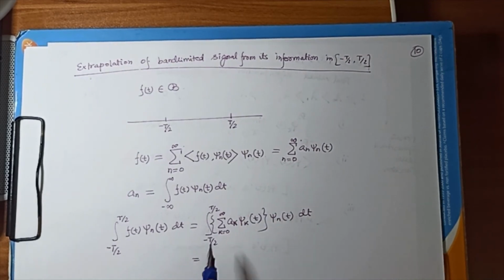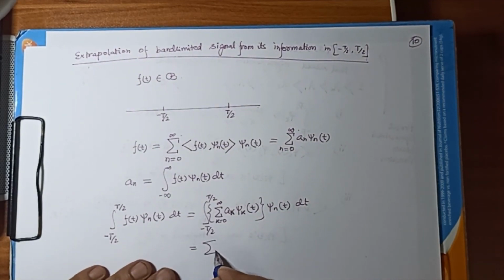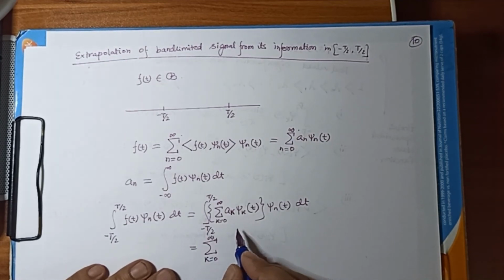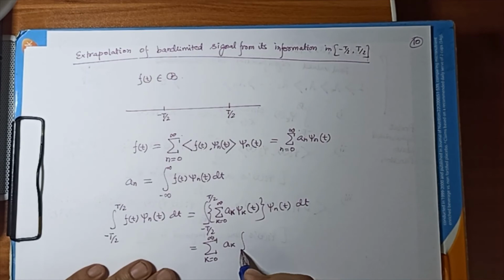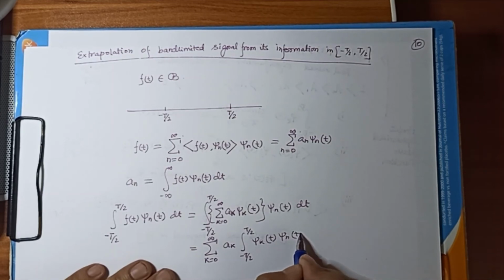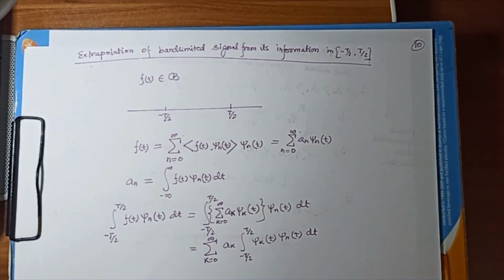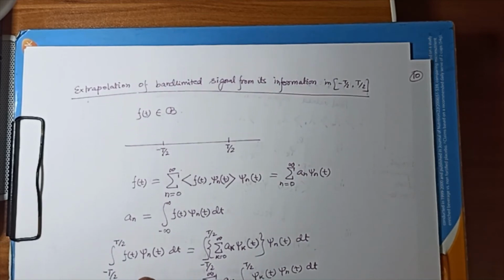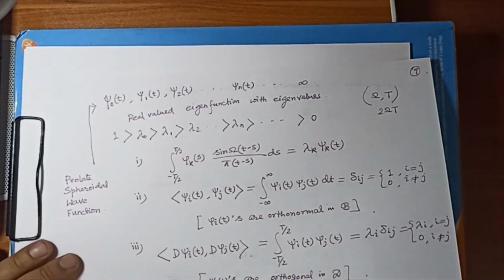Now again apply a Fubini kind of swapping. So the summation over k equal to 0 to infinity of a_k times the integral from minus T/2 to T/2 of psi_k(t) psi_n(t) dt. Now what is the integral of psi_k(t) psi_n(t) dt for that smaller interval minus T/2 to T/2?